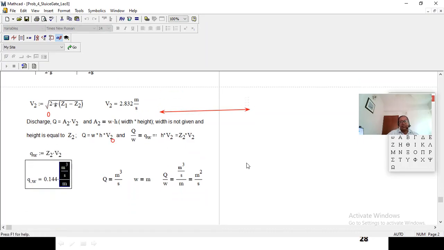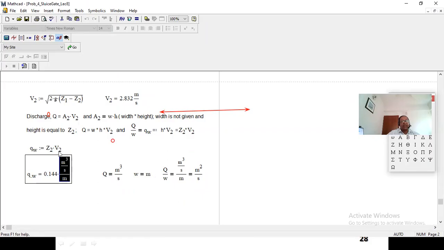Okay. You see this unit Z2 into V2. What is the Z2? Meter, right? Unit of Z2 is coming meter. Into what is the V2? V2 is coming meter per second, right?